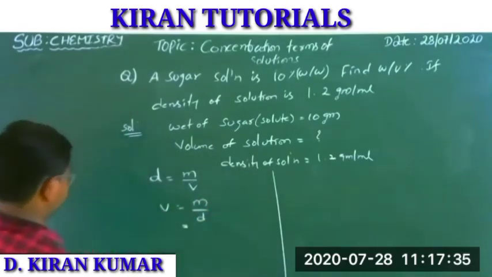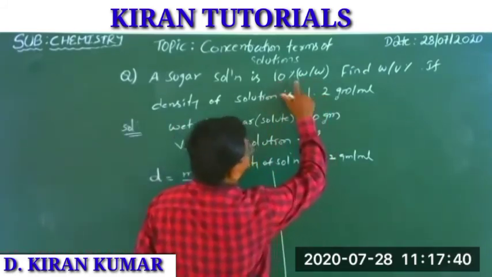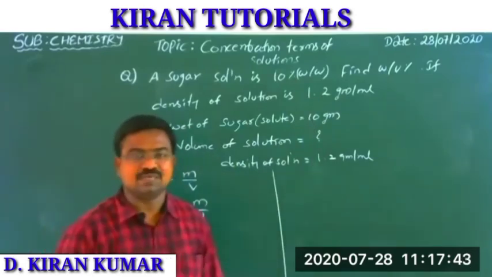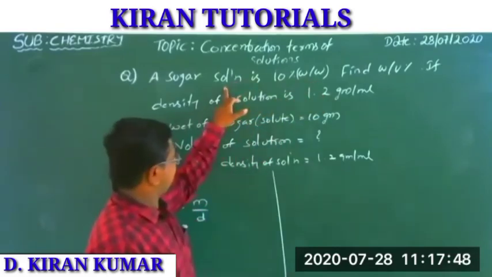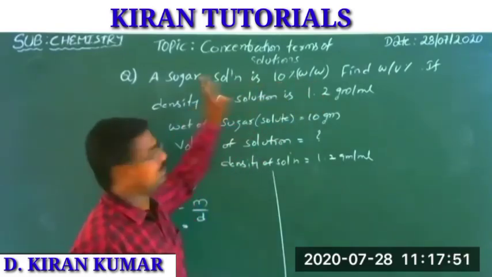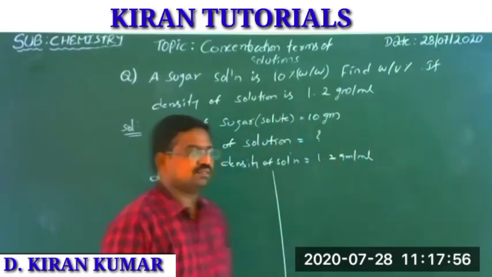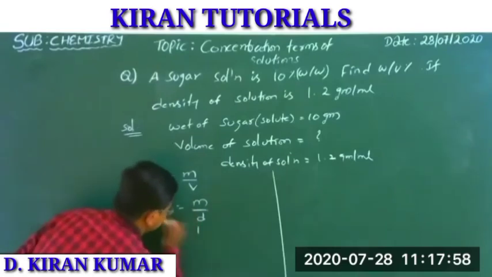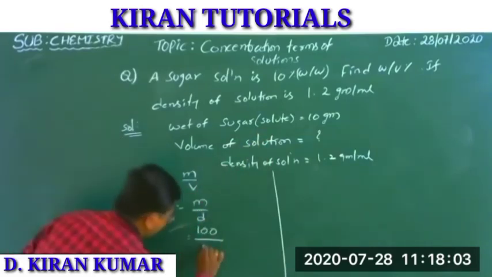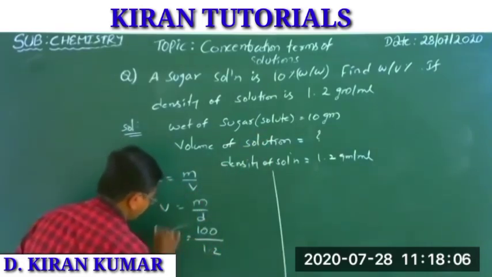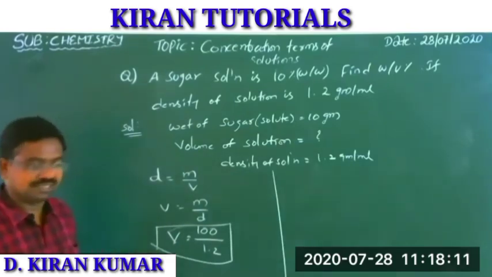What is the mass here? 10% W by W is nothing but 10 grams of sugar present in 100 grams of solution. Clear? So 100 by density 1.2. Volume is equal to 100 by 1.2. Clear?